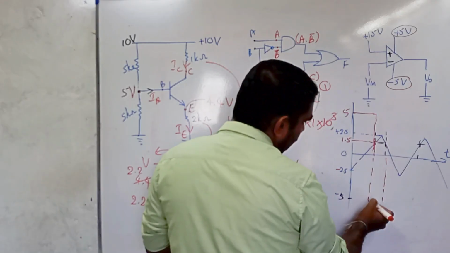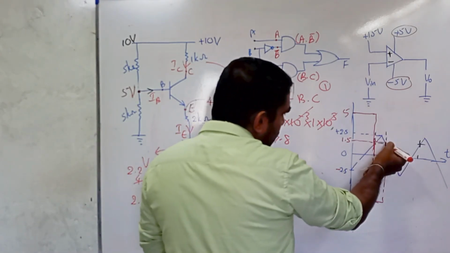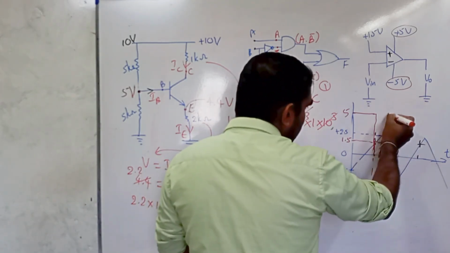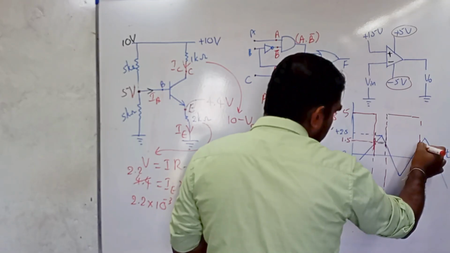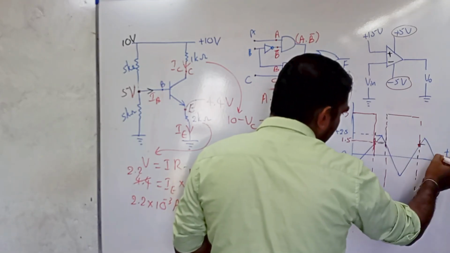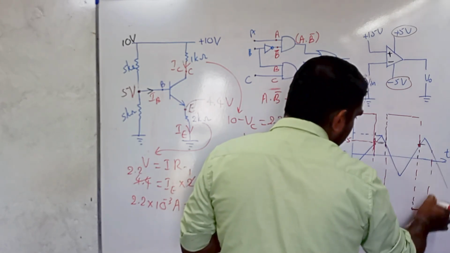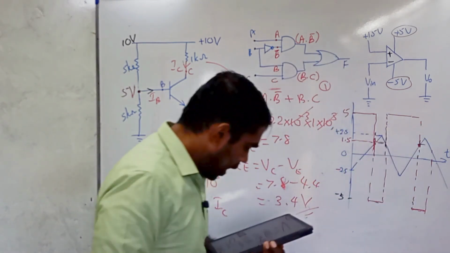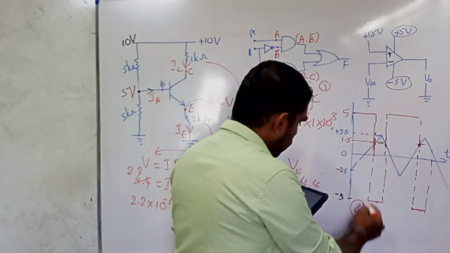Then we can observe that for this part the circuit is minus saturated. After passing this point again, plus saturated, and after passing this point, the 1.5 input, we can consider that it is minus saturated. The graph should be like this. Then we can obtain that the fourth one is the correct answer for question number 3.